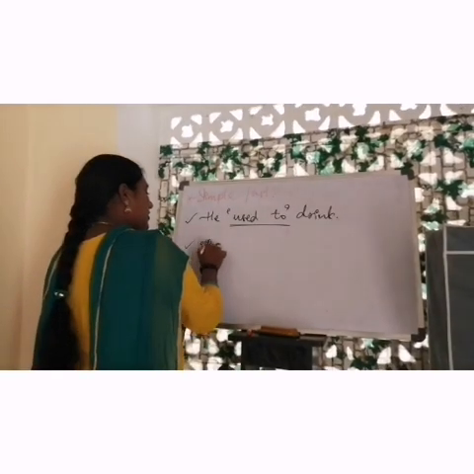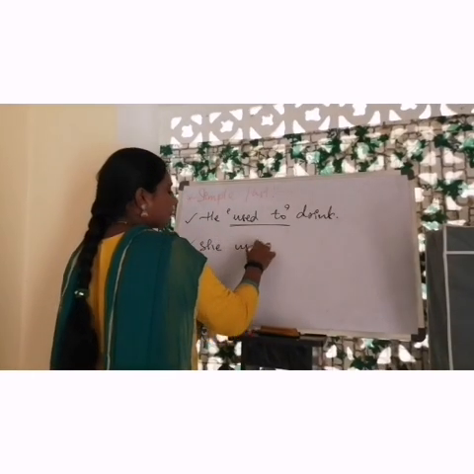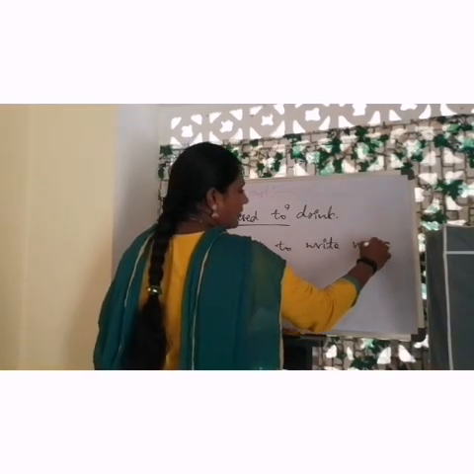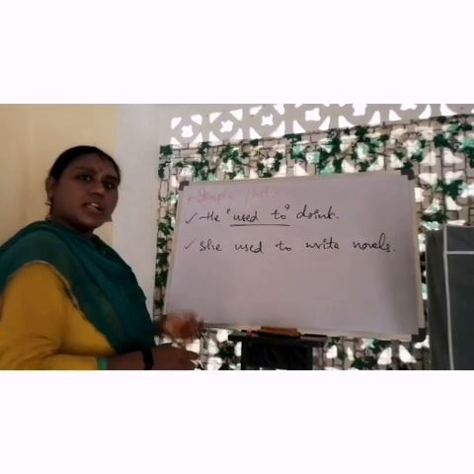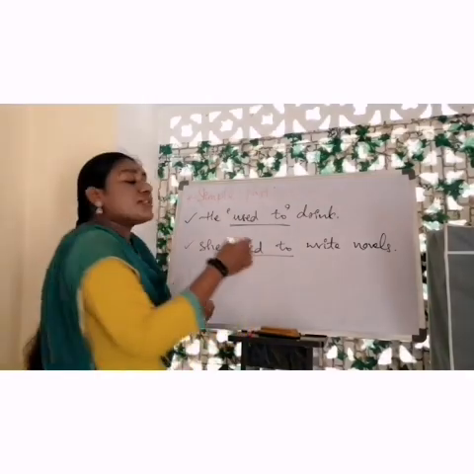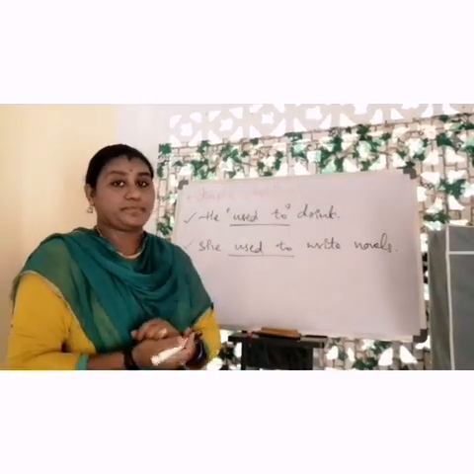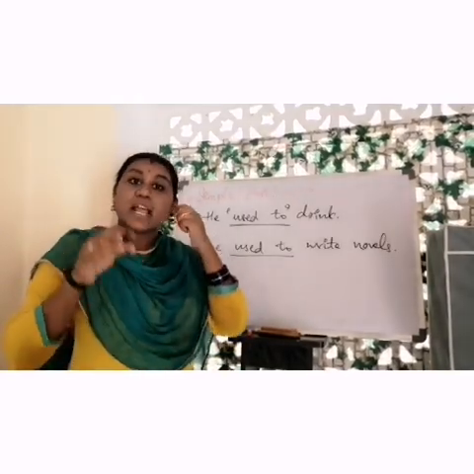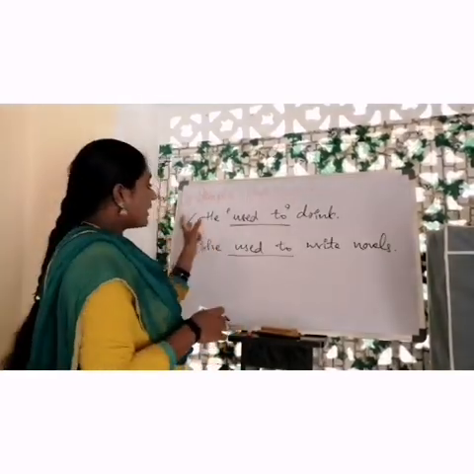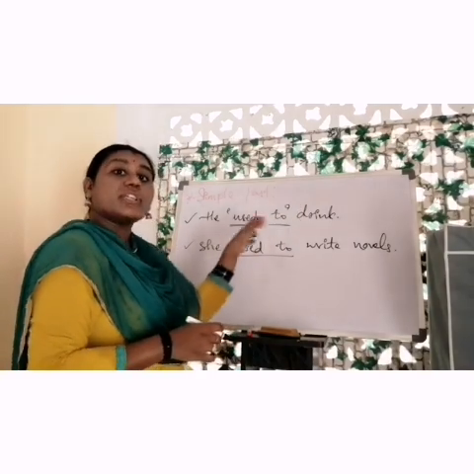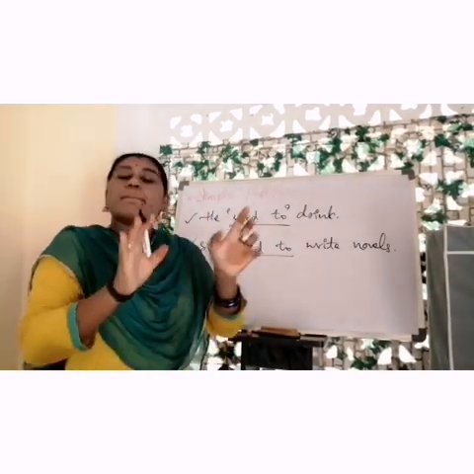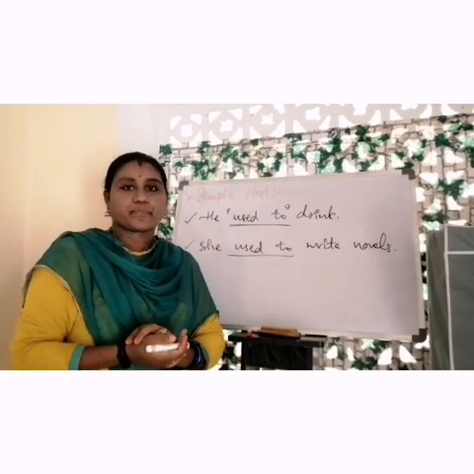And next, she used to write novels. So here we can observe, she used to write novels, but not now. Here also he used to drink, but not now. So whenever we are mentioning they used to, he used to, or she used to, then it shows that was the hobby of the past but not the present.